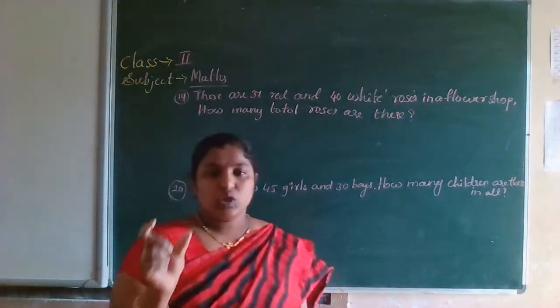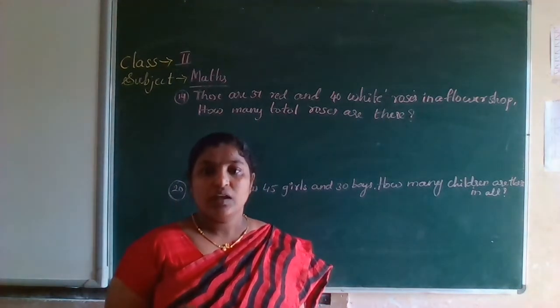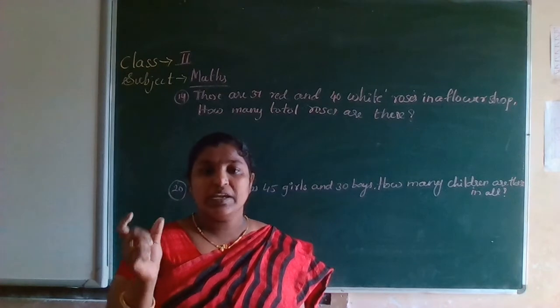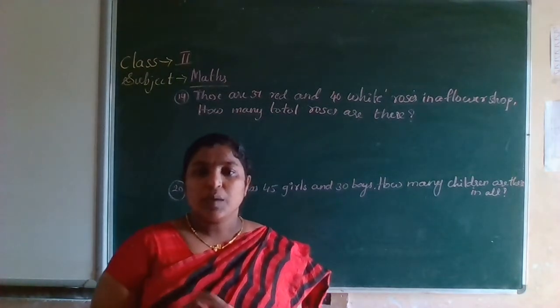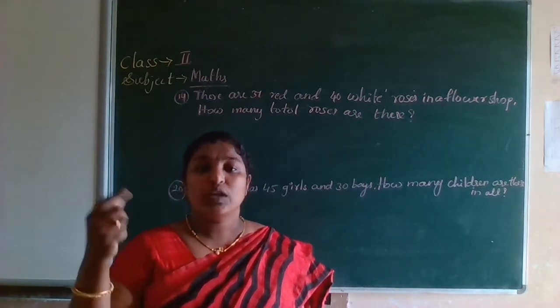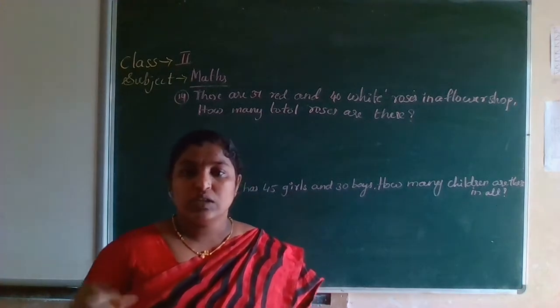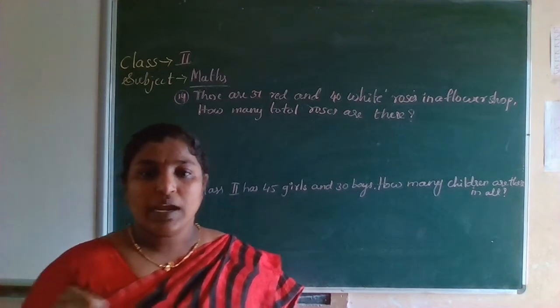The words total, in all, together, and both together indicate that we should do addition. Okay, some roses are there, some roses are there. Find the total roses in all, altogether. These words will indicate to do the addition.